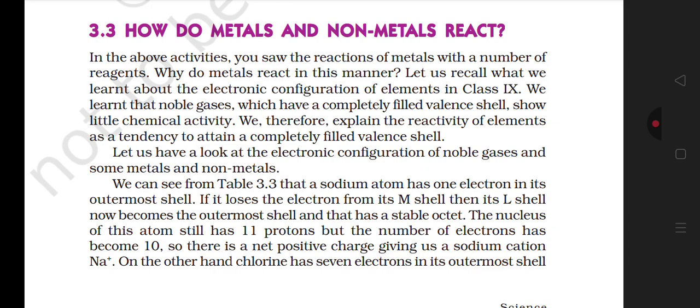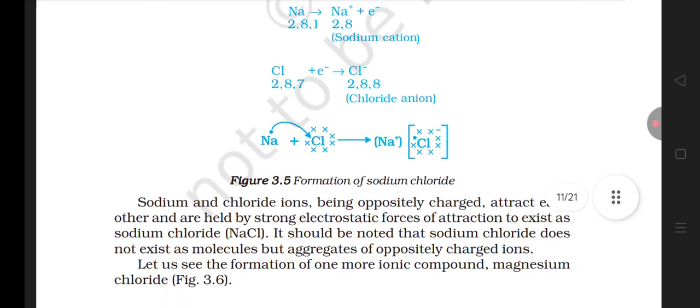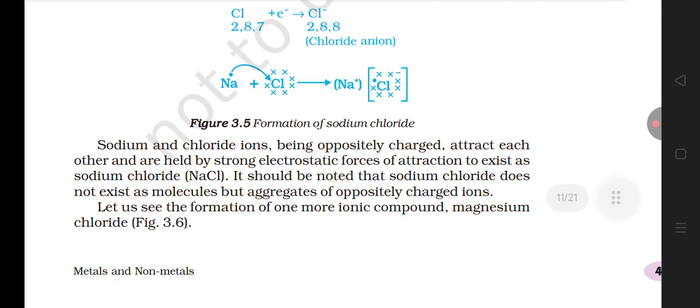Like this that you are seeing here. Sodium and chloride ions, being oppositely charged, attract each other and are held by strong electrostatic forces of attraction to exist as sodium chloride, which is NaCl. It should be noted that sodium chloride does not exist as a molecule but as aggregates of oppositely charged ions.